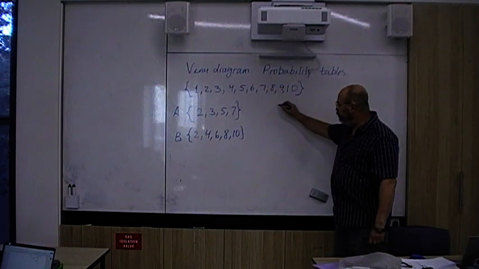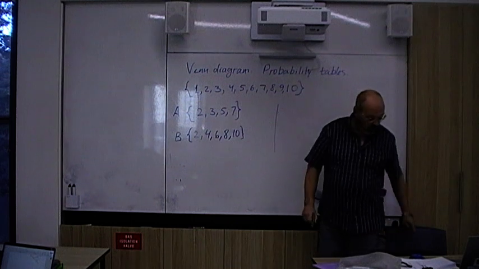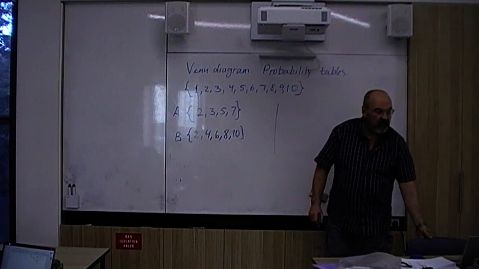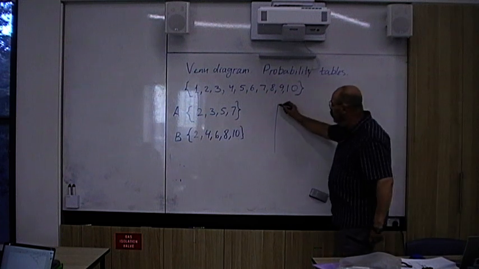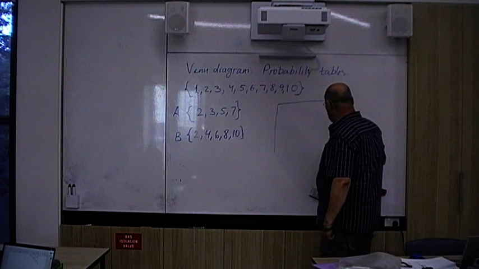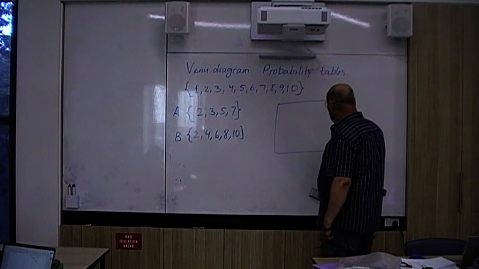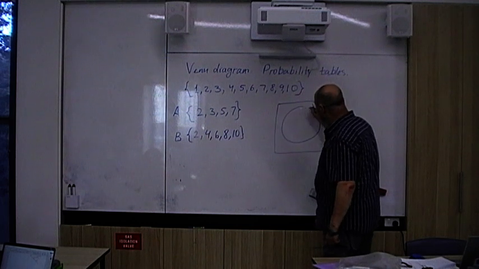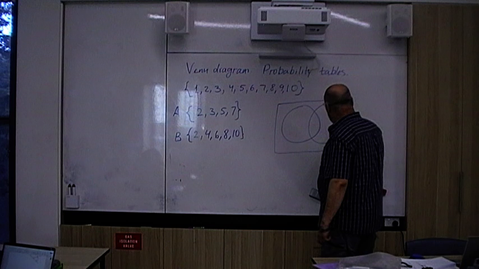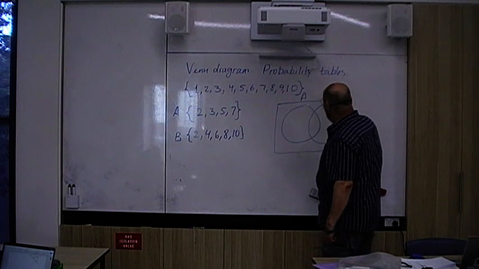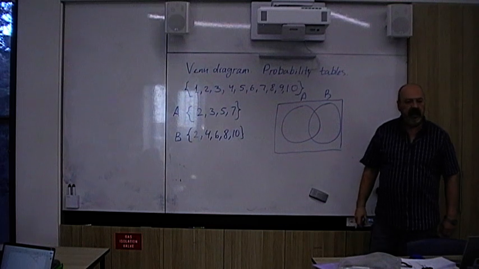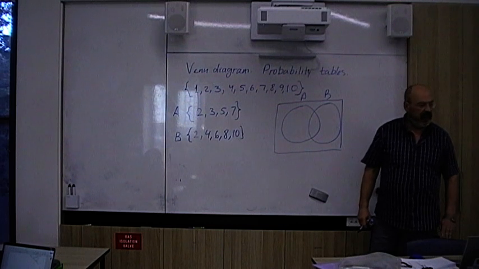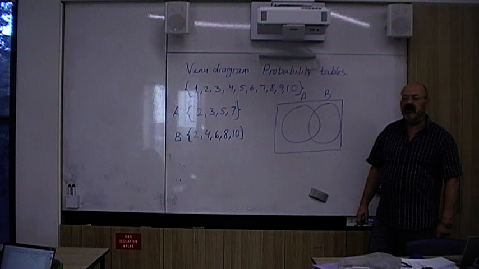Venn diagram, I'm sure that you are already familiar with the Venn diagram. You've seen what that is and used it before. So we have this representing the sample space, and that will be event A. This is event B. And here, where they overlap, we put the numbers which are in both A and B. Which number is in both?